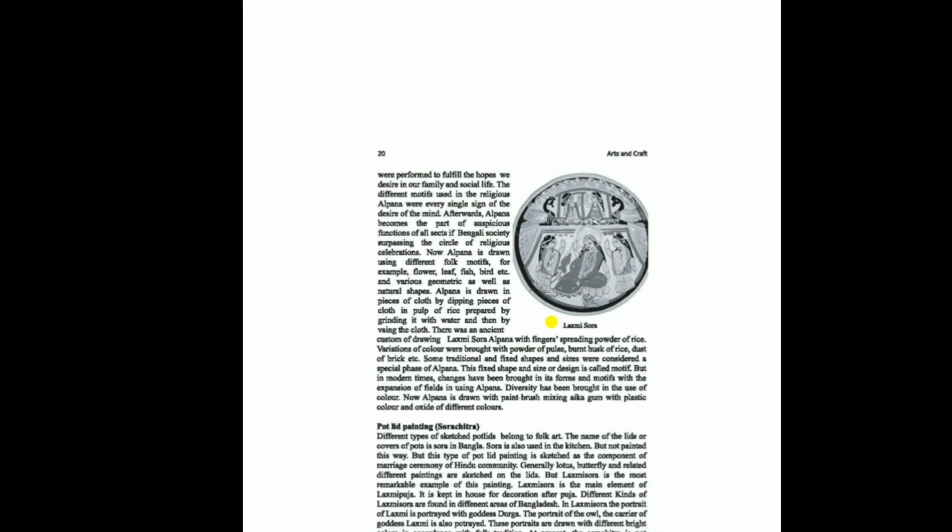So now Alpana is drawn using different folk motifs, for example flower, leaves, fish, bird, etc., and various geometric as well as natural shapes. These are other examples. This is called painted Alpana.